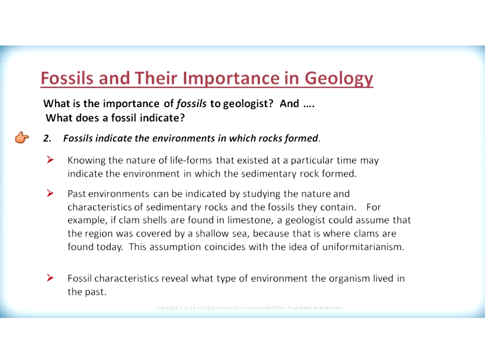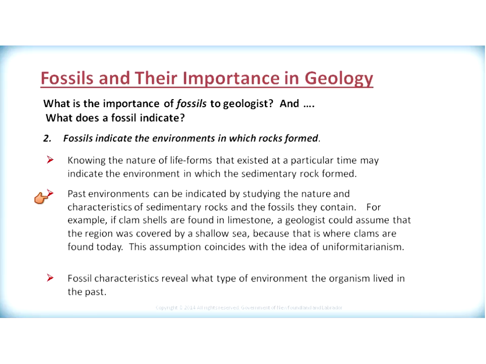The second thing fossils indicate is the environment in which rocks formed. Knowing the nature of life forms that existed at a particular time may indicate the environment in which sedimentary rocks formed.